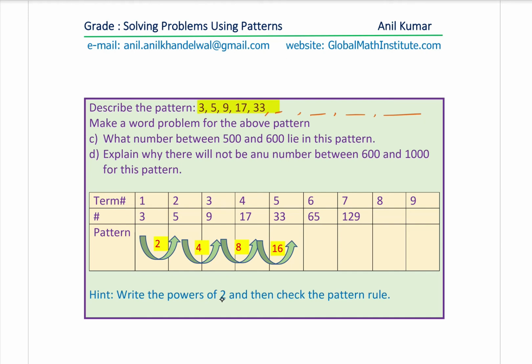So the first question here is, make a word problem for the above pattern. So it could be similar to the previous one, and now we have two parts to this. Let's call them part C and D. What number between 500 and 600 lies in this pattern? To check this out, we have to really extend the pattern, right? So the first part is extend the pattern.